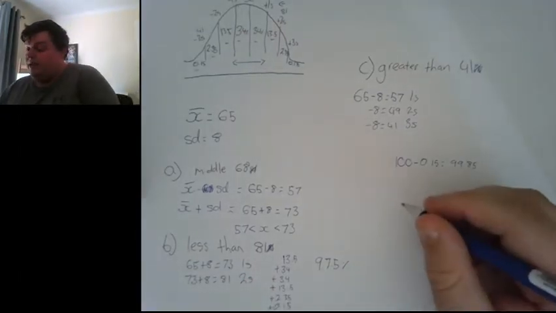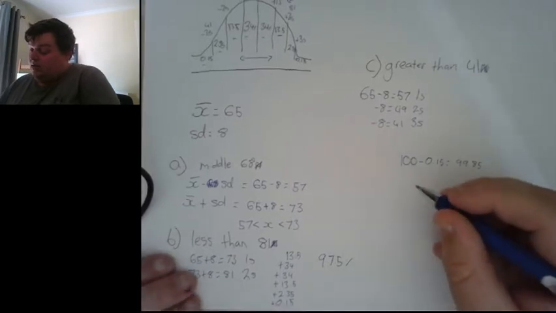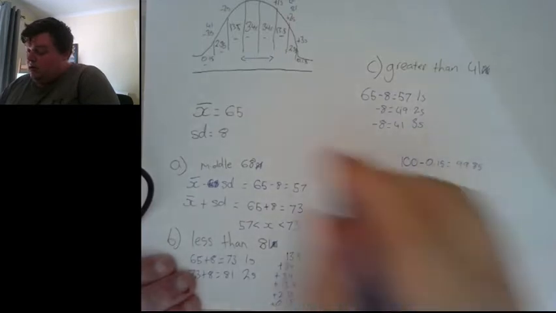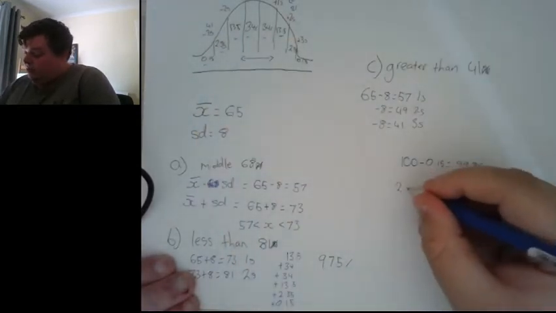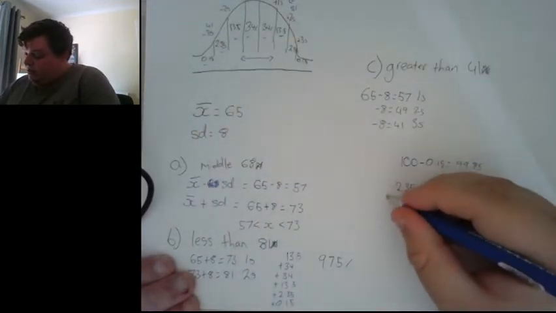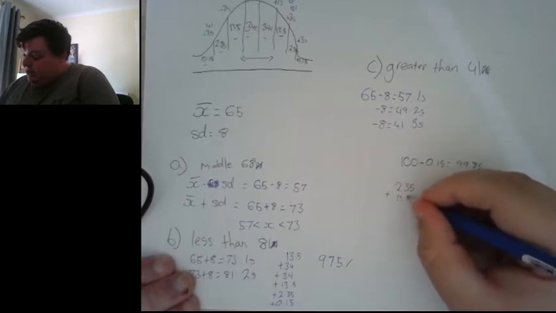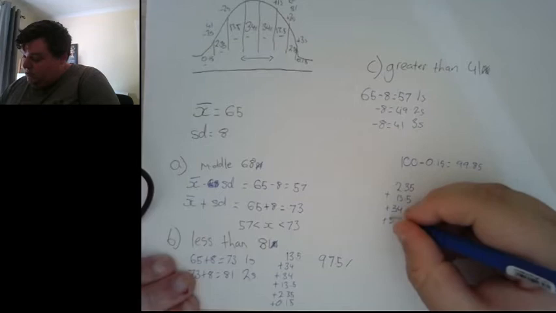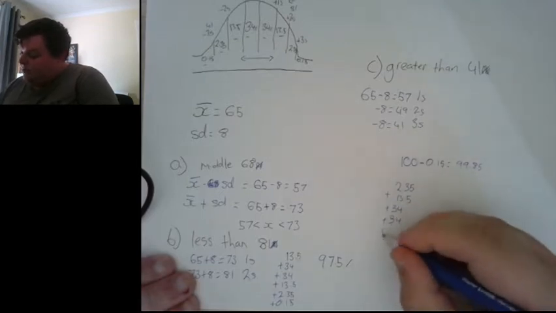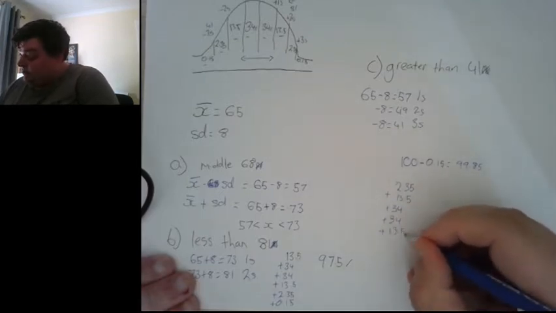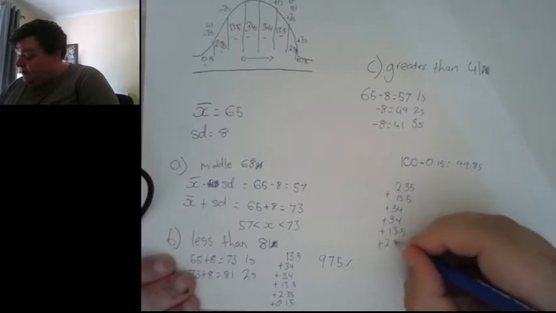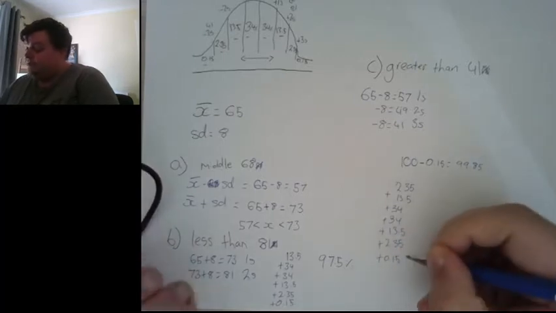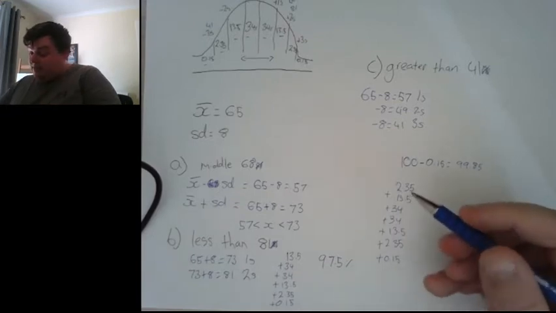Or, alternatively, if you think that's not a great way to do it, we can add up all these percentages here. Starting from here, we've got 2.35 plus 13.5 plus 34 plus 34 plus 13.5 plus 2.35 plus 0.15. Alright, and you can add that up.